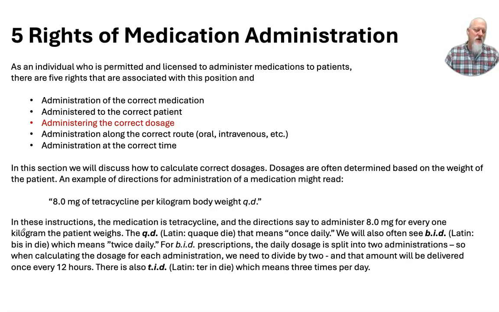Make sure that the correct medication makes sense and you have the correct medication. Second, you're giving it to the right person. So that's really important too, right? When you're busy and you're dealing with a bunch of patients, making sure that the medication you have is actually on the chart for the person that you're giving it to, and you're giving the right medication to the right person is critical.